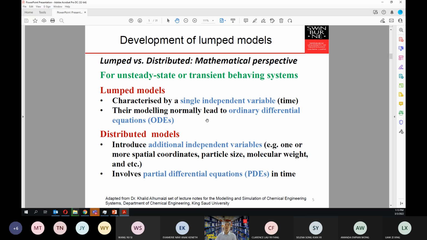If we don't have the time variable, then what we have is essentially algebraic equations. Algebraic means that we have a linear form of the equations, but if we are dealing with distributed models, even under steady state conditions, we may deal with a nonlinear equation form. But for this particular slide, we are talking about unsteady state or transient behaving systems.